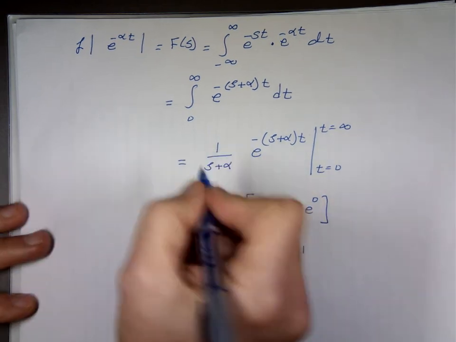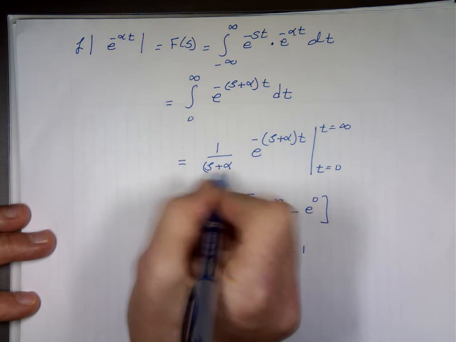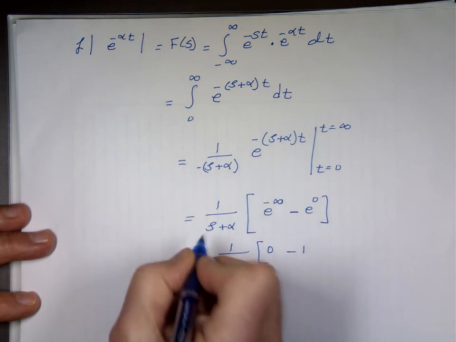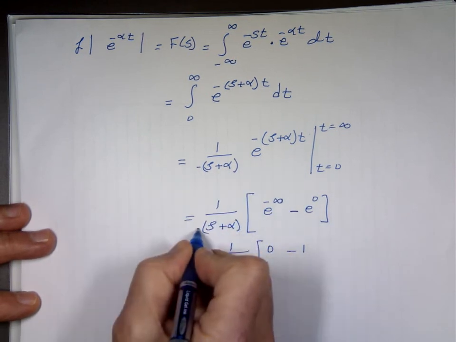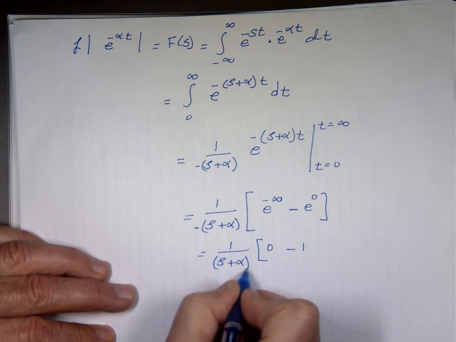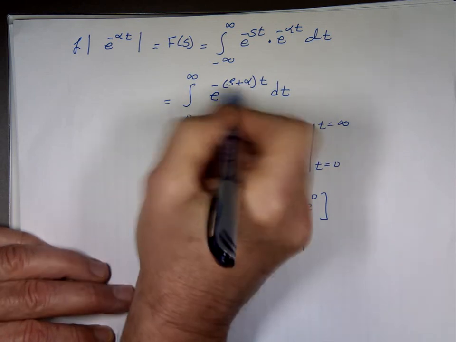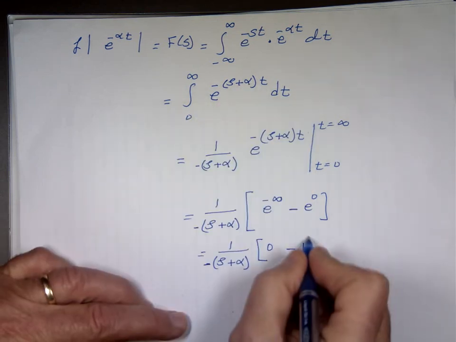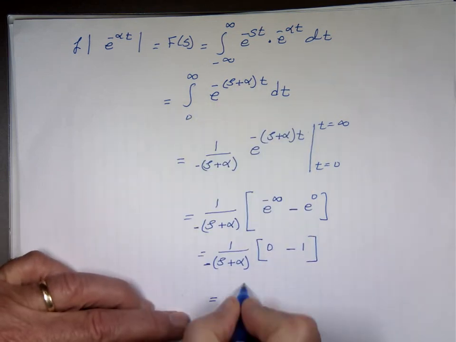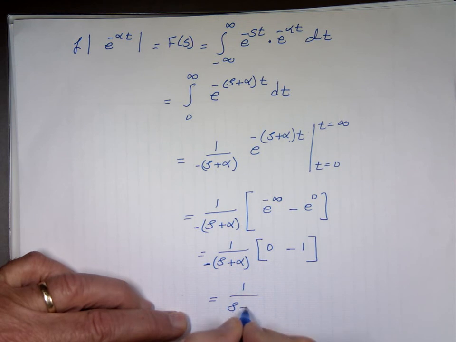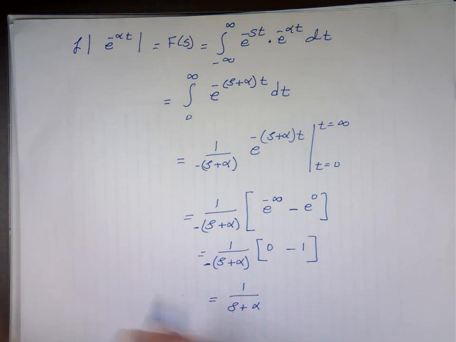I'm missing a minus sign here. There should have been a minus outside. That's a constant here, all of that. So what are you going to have? You're going to have 1 over s plus alpha. That's an s here. It looks like an 8. That's an s.